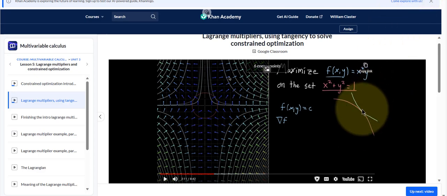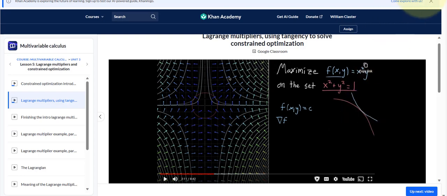So that's a nicer way to rephrase what Lagrange saw, which is that the tangent lines are the same, or the slopes are the same, or the normals are the same, or actually more carefully, that they are multiples. One is a multiple of the other one.